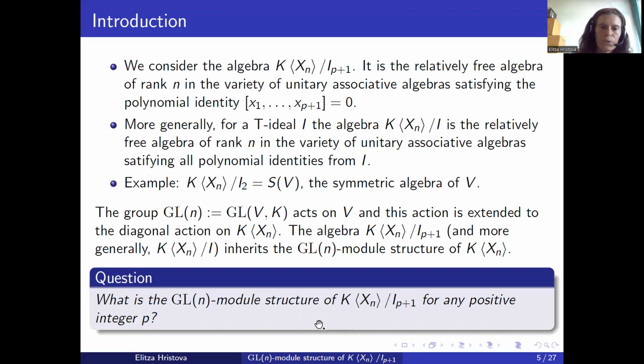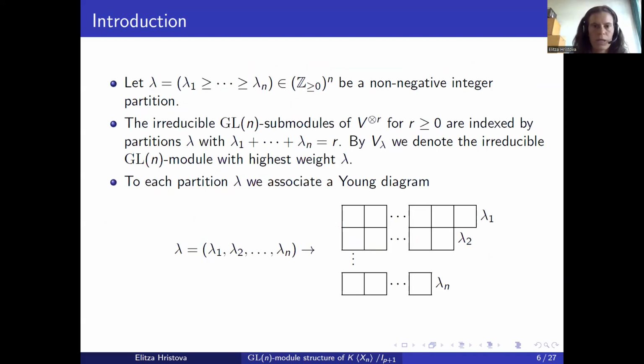But in our talk, we'll translate everything into the language of GLn modules, which is equivalent. So now we know what question we're interested in. And let me now state what is known. For certain small values of p, there is a complete description of this GLn module structure. So let us see how it looks.